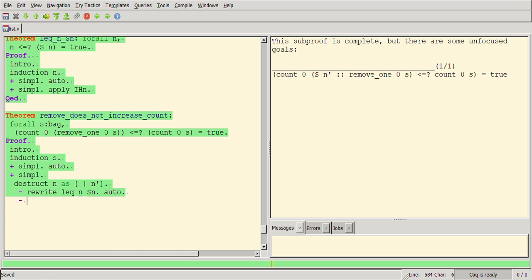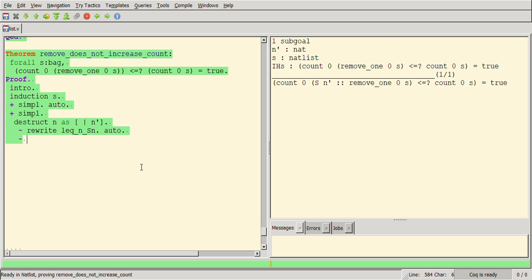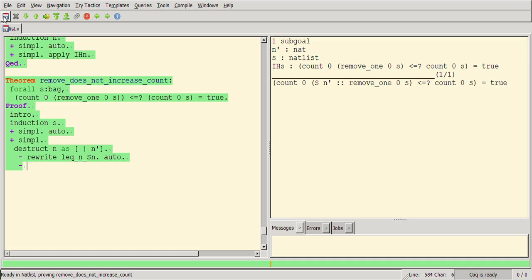Okay, and we can now focus on the second subgoal, and in the second subgoal we have a situation where n was replaced with successor followed by n prime, and we should first think if we can rewrite this inductive hypothesis.